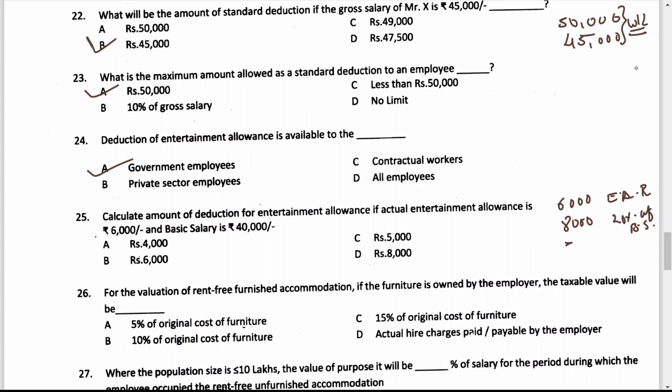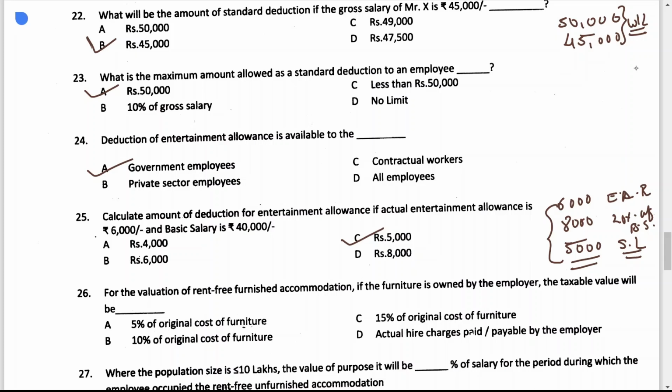And there is a statutory limit, and statutory limit is 5,000. Out of these three amounts, the lowest amount will become your answer. So 5,000 is the lowest one. So that is your exempted amount. So deduction is of 5,000.